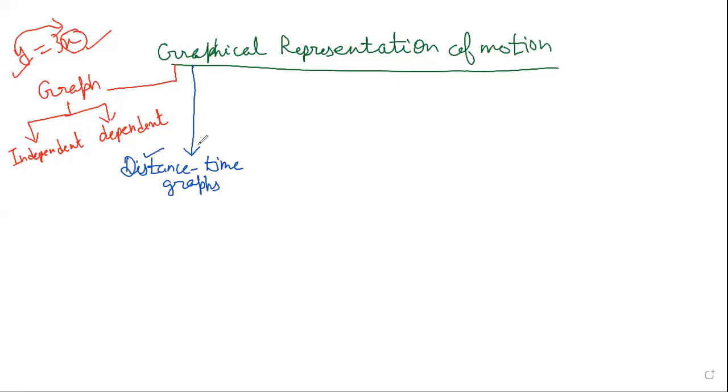According to its name, as I told you, there are dependent and independent quantities. The distance-time graph represents the change in position of the body with time. Generally, the independent quantity we take on the x-axis, so time, and distance on the y-axis, because as the time increases, the distance will also increase.